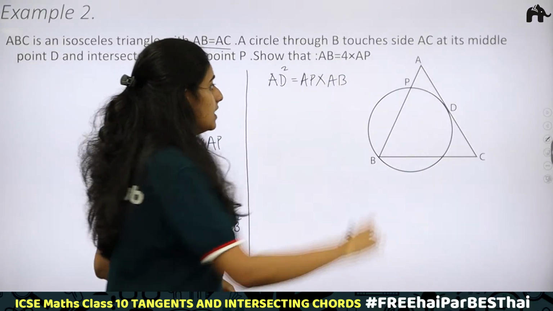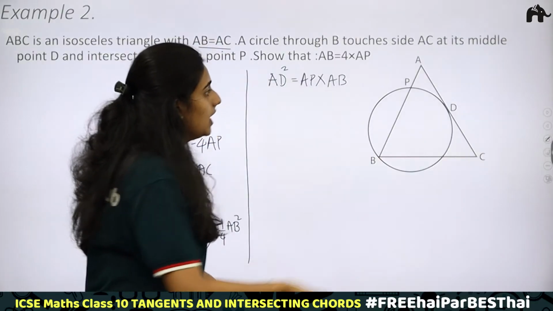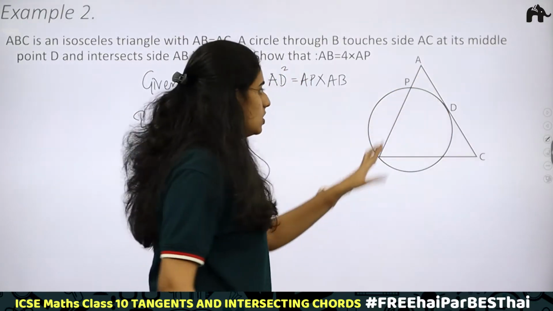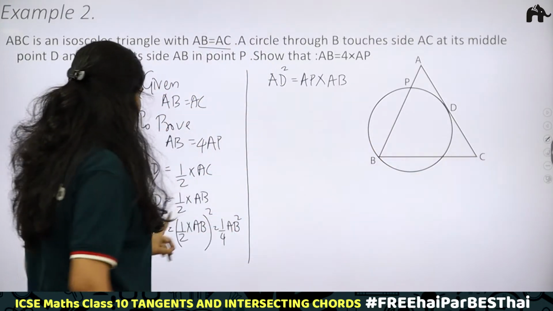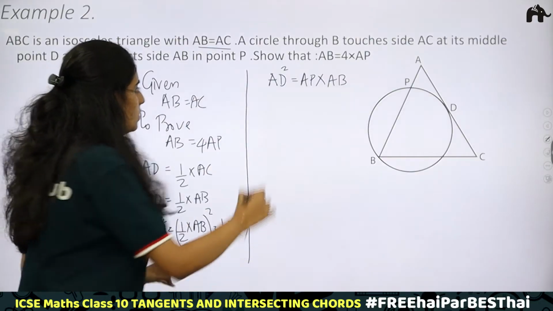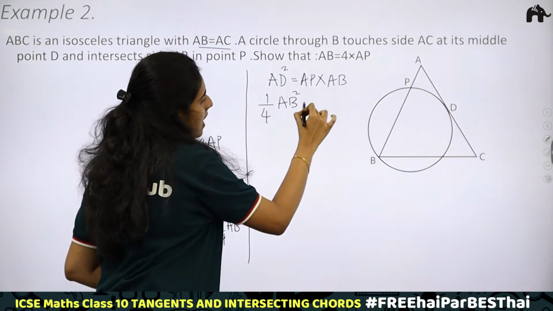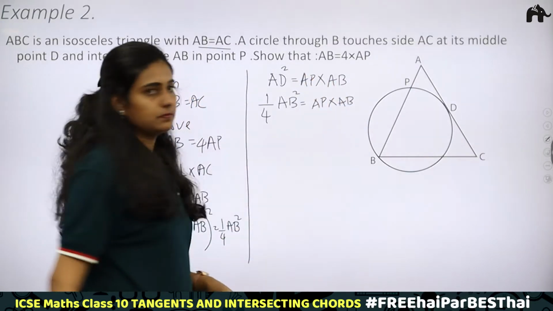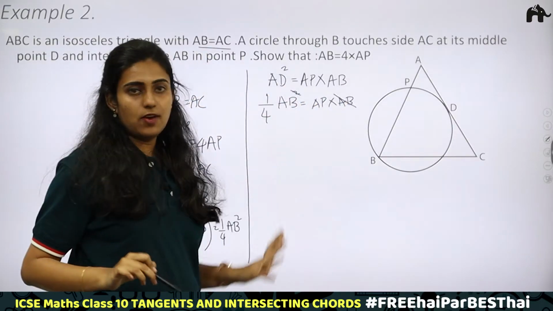That is, the product of the length of segments will be equal to the square of the length of the tangent from the point of intersection to the point of contact. Now, what is AD square? We have AD square is equal to 1 by 4 AB square and that is AP into AB. Here from right hand side and left hand side we can cancel one AB.